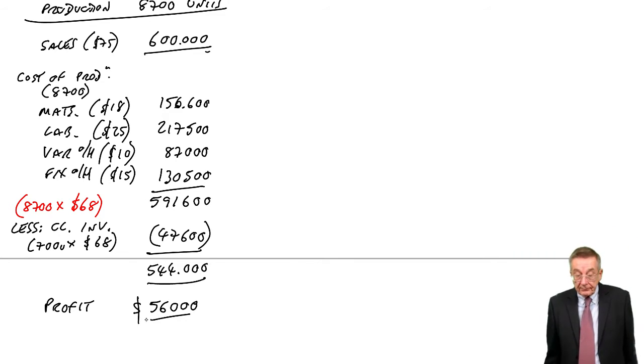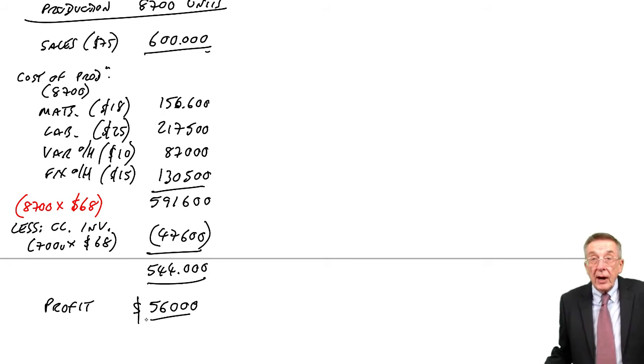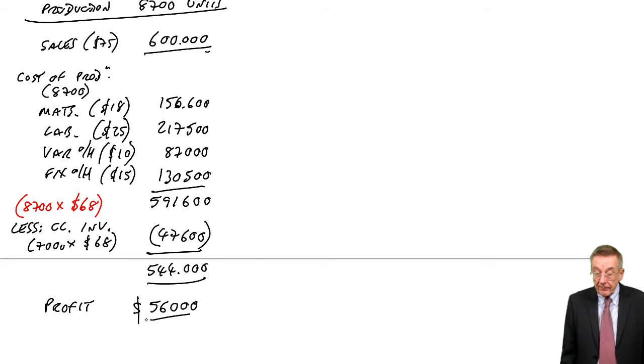Which I already knew. But you know, if you're ever asked to write up a full profit statement, there we are. Although obviously only do it if you've been asked for it.